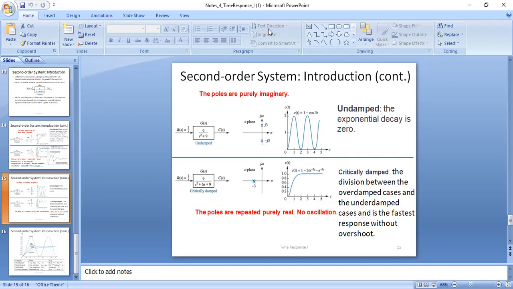I have seen many questions on this line: critically damped, faster response without overshoot.